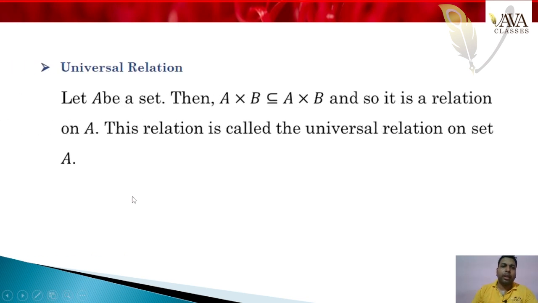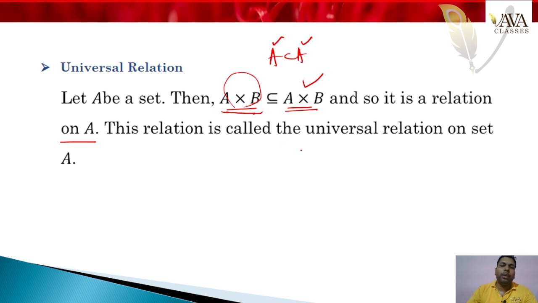Now universal relation. Let A be a set. Every set is a subset of itself, so A cross B is a subset of A cross B. Any subset of A cross B is a relation, so A cross B is also a relation.